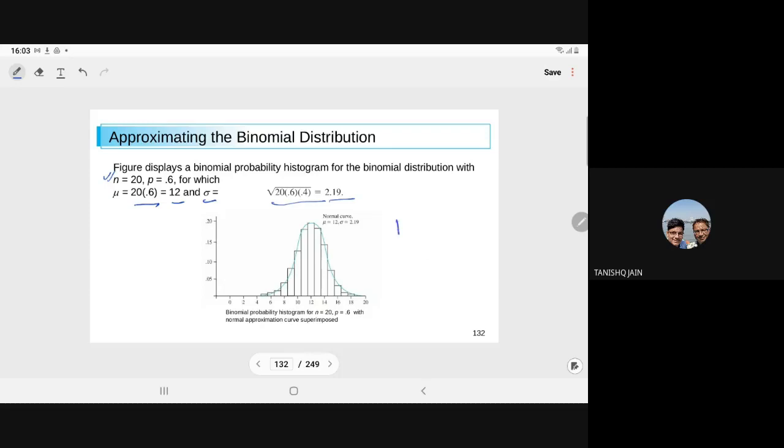Here you can see the shape of the binomial distribution. We have taken X following the binomial distribution with parameters n equal to 20 and p equal to 0.6. For this we have mu equal to 12 and sigma equal to 2.19.